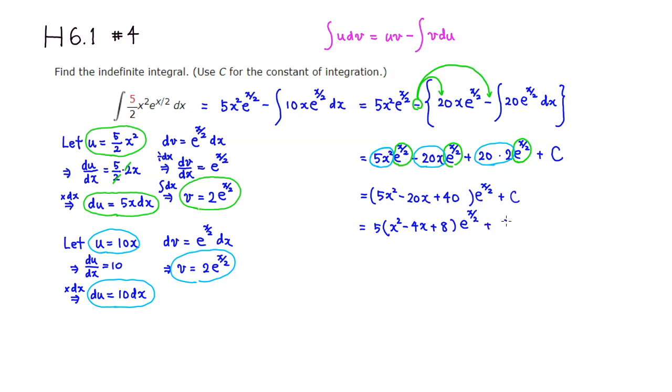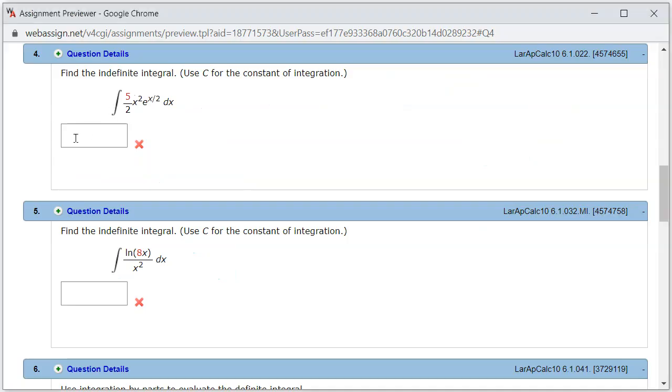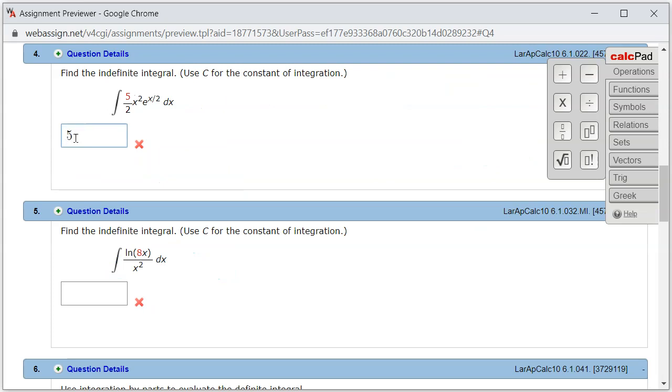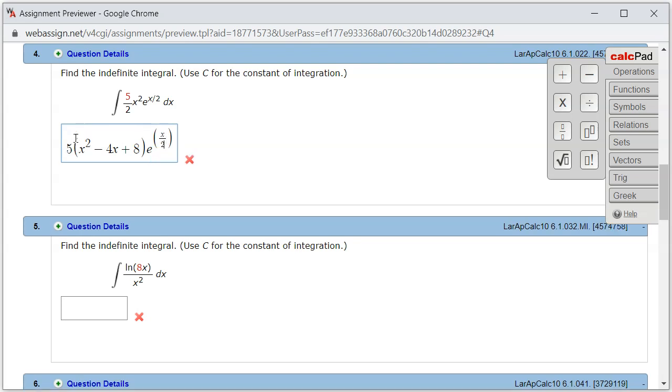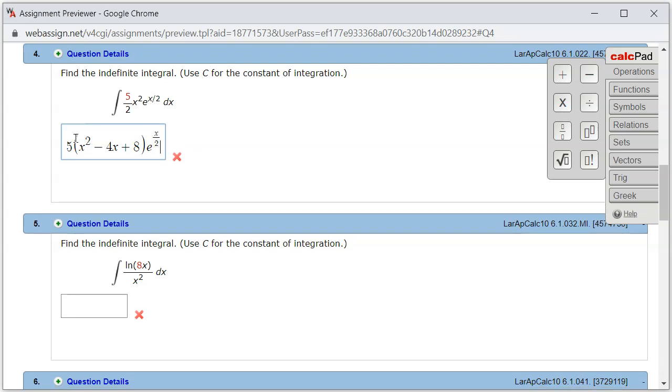So let's type it in. We got 5 times x squared minus 4x plus 8, then e to the x over 2. I don't really need the parentheses, so I'm going to just get rid of that, and then plus some constant c.